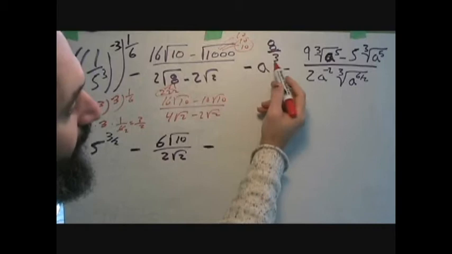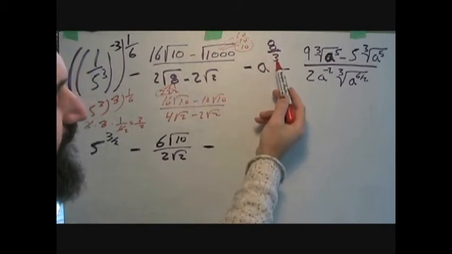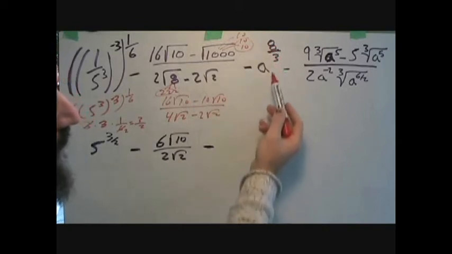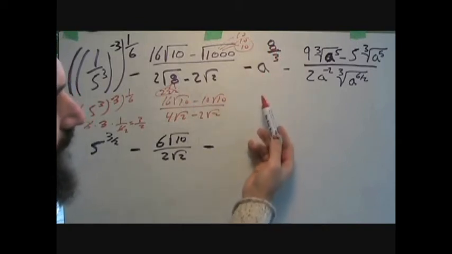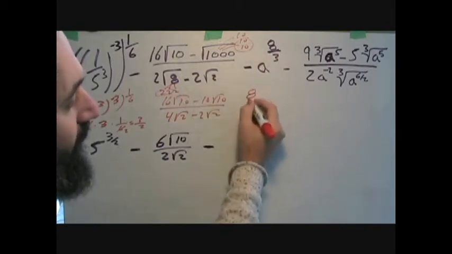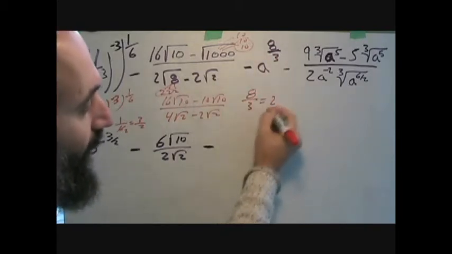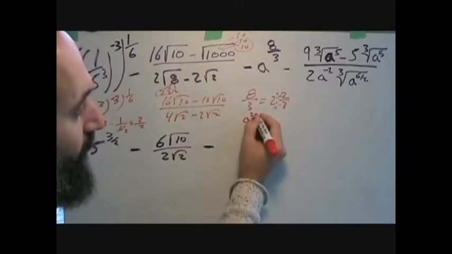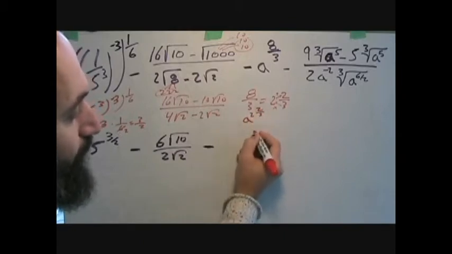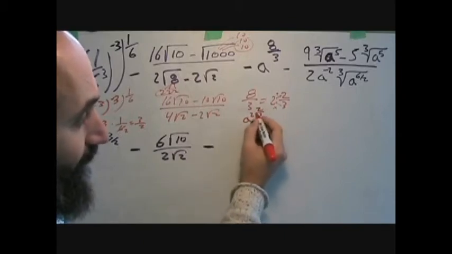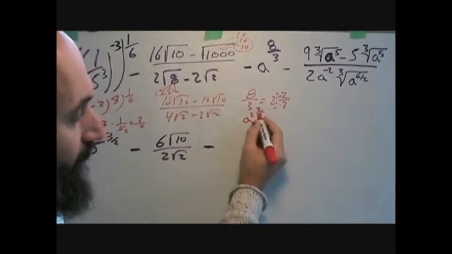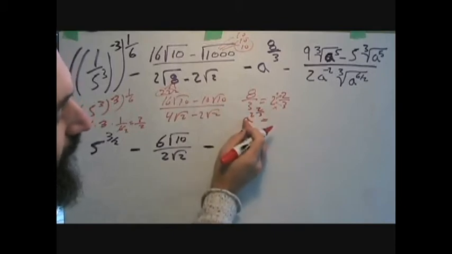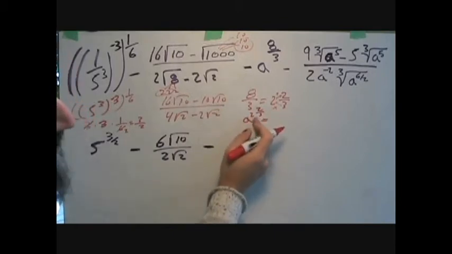Minus, let's deal with this guy. One way you can deal with this is you can simplify this fraction into a mixed fraction, right? 3 goes into 8 twice. What's left over is 2 over 3. This becomes a to the power of 2 and 2 over 3, which, if you use your multiplication principle with two exponents, if they have the same base, you can split this up.